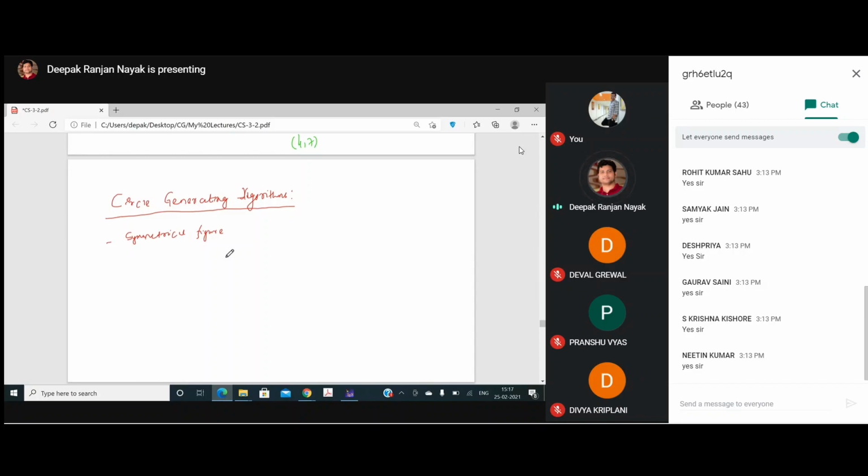Let's say you are using any circle generating algorithm and it generates some point. For each point, you can calculate the symmetrical points, so the number of points will be more, and there will be no problem. Uniform distribution among the pixels, right? We'll see later. So let me draw a figure and show you the symmetric property of a circle.